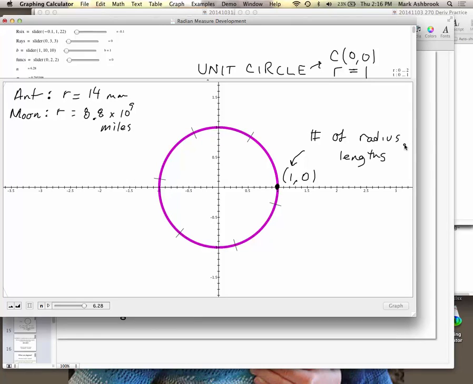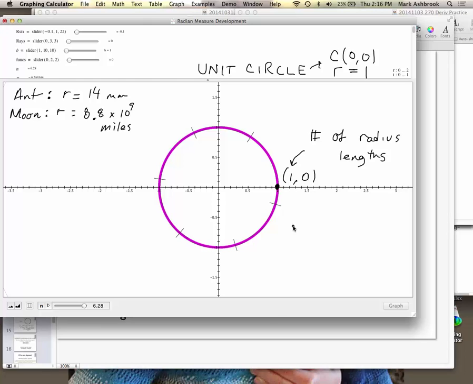If 1 means the number of radius lengths and not necessarily axis units, suddenly the unit circle became every circle in the universe, from the tiniest circle, an ant walking in a circle, to a moon revolving around the planet. So, here's our planet. This radius is 8.8 billion miles.